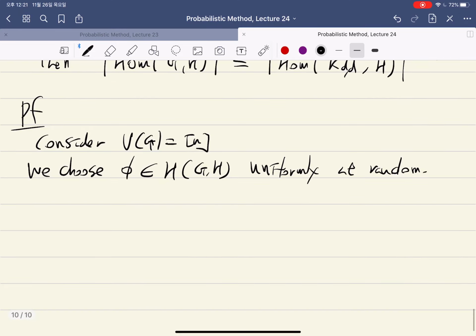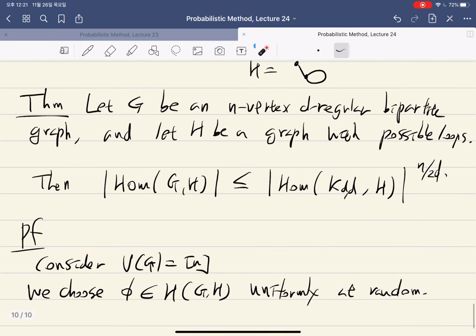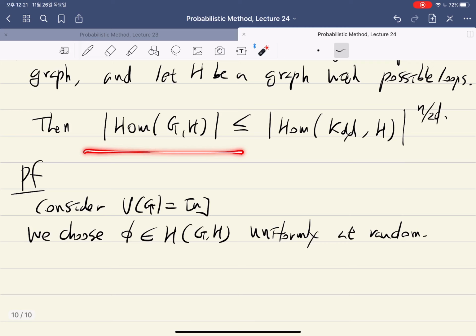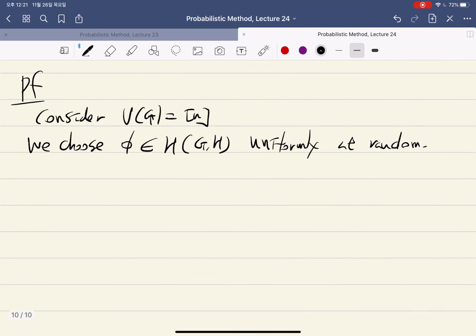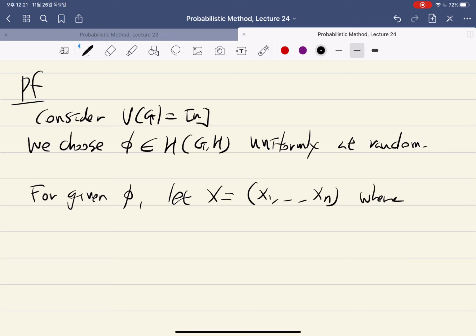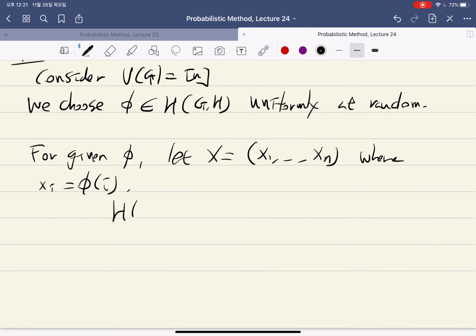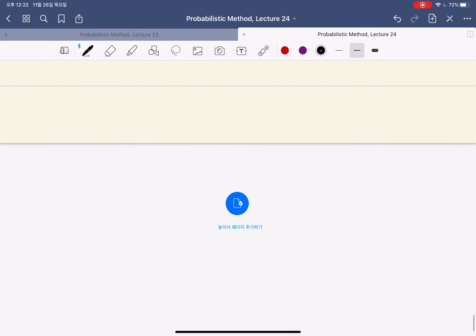So anyway, our goal is clear. We choose this uniformly at random and consider the entropy, which we know is exactly the log of this, and we want to upper bound it. For a given homomorphism phi, let X be X_1 to X_n, where each X_i is phi of i. Then, as this is uniformly chosen, the entropy is exactly the log of the number of homomorphisms.